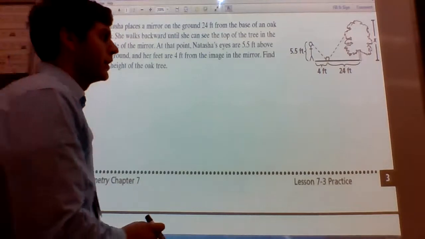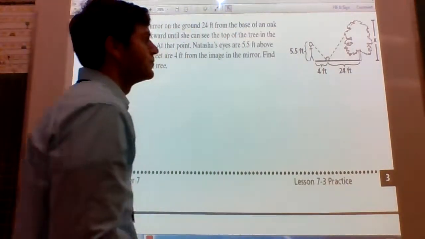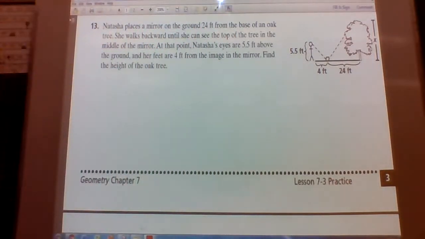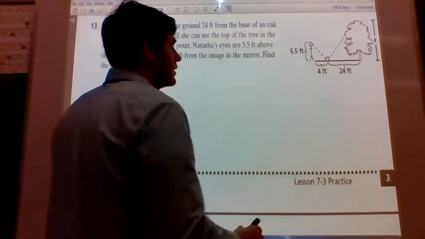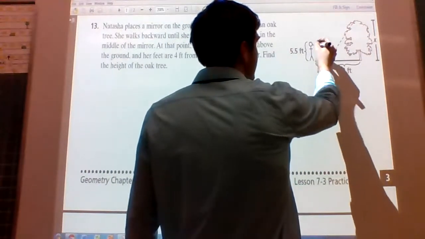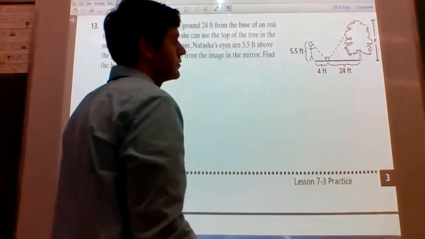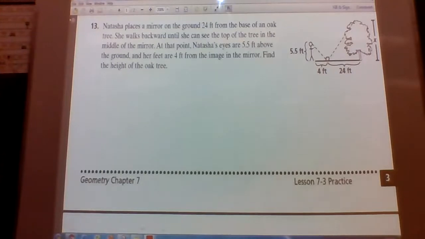So we know these angles, the angle she's looking at. We know we have right angles.